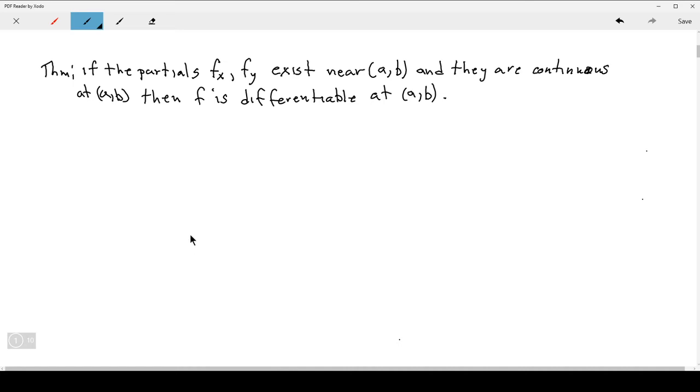So we're requiring that the partials exist near a b, that the limits approach, and that they are continuous at a b. So that means the value of the function exists and is the same as the limit. All right, then we can say that f is differentiable at a b.